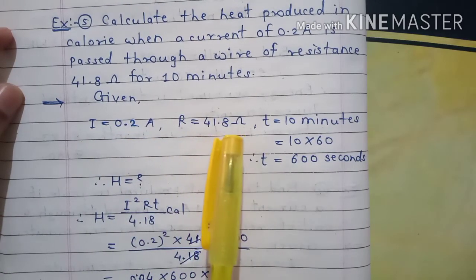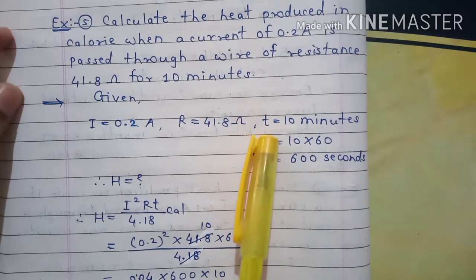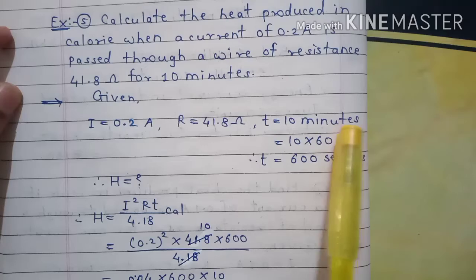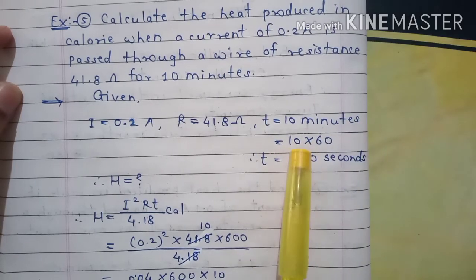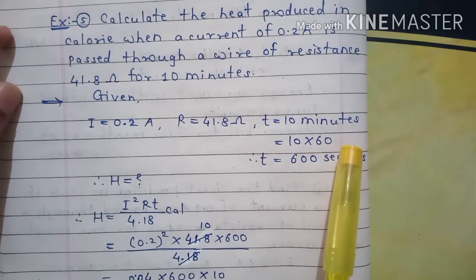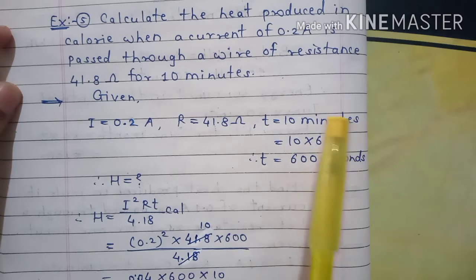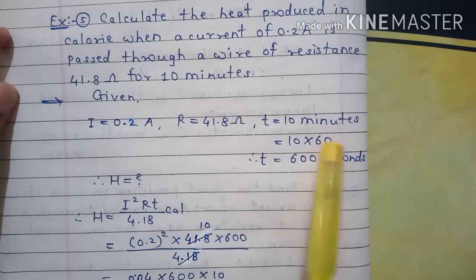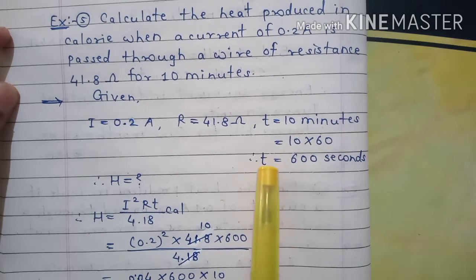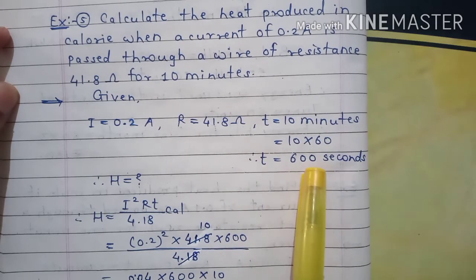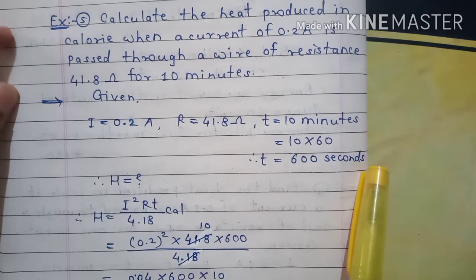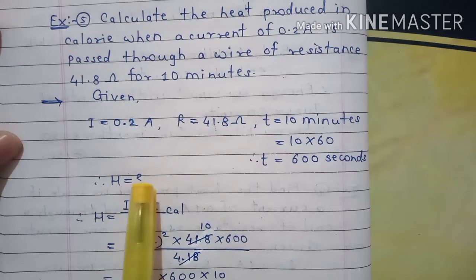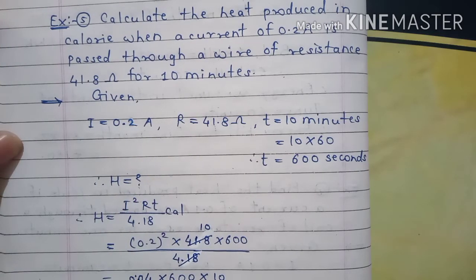Resistance R is equal to 41.8 ohm. Time T is equal to 10 minutes, that is 10 into 60. Here we converted minutes into seconds, so we are multiplying 10 by 60. Therefore time T is equal to 600 seconds. Now H is equal to question mark, means heat produced is equal to question mark.